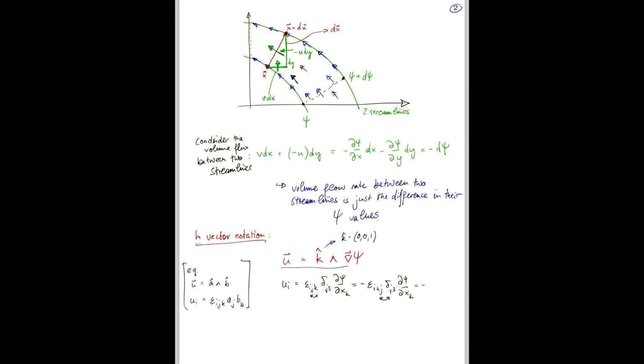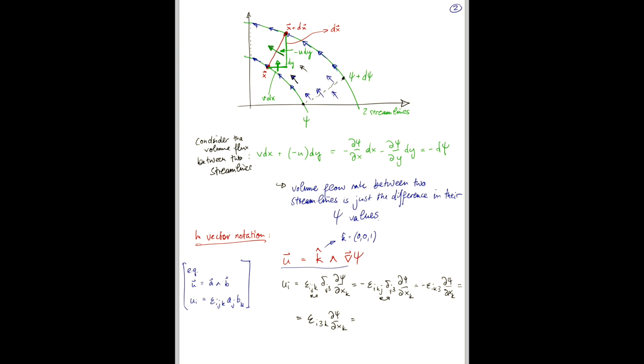So it's minus epsilon ik3 d psi dxk. And in order to now contract k3 and k, we have to permute again, and so we pick up another minus sign. So now it's epsilon i3k d psi dxk.